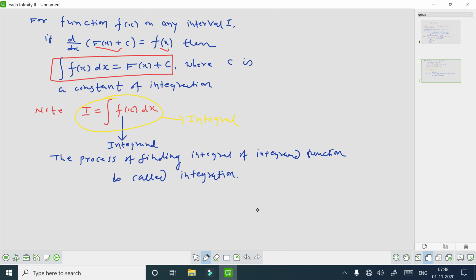Clear? This is the definition of integration. Now please see here, the process of finding the integral of the integrand function is called integration. Now let us see some working rules of integration. Few of them today we are going to see.